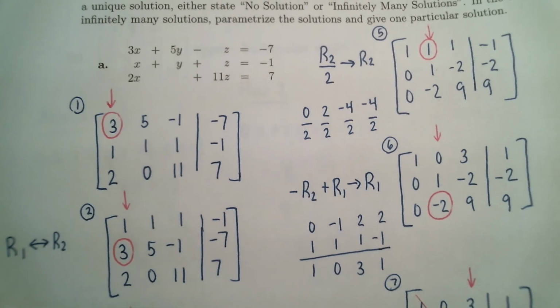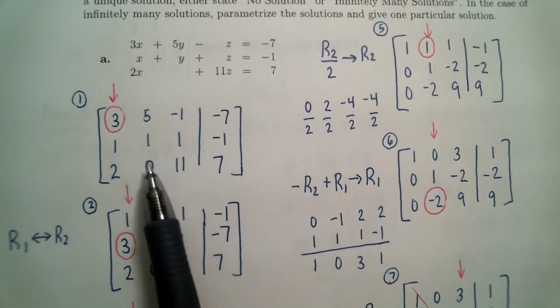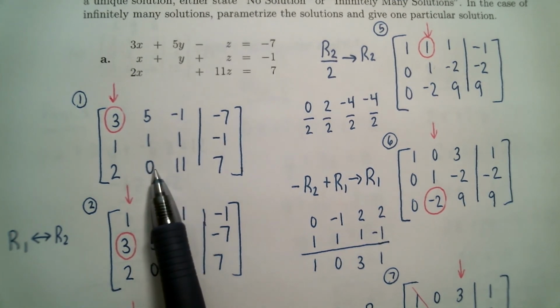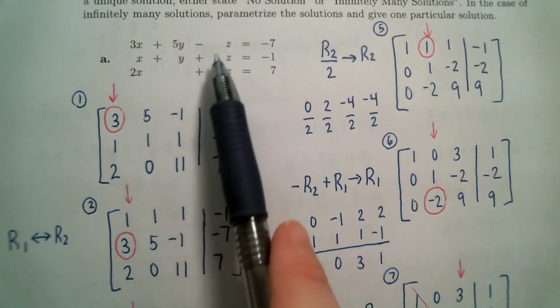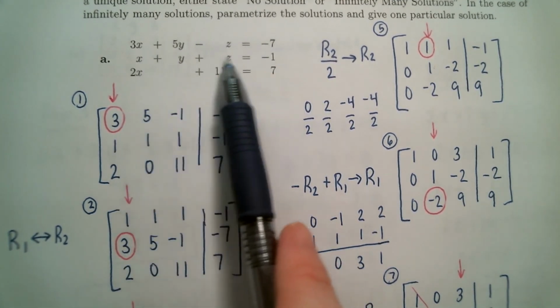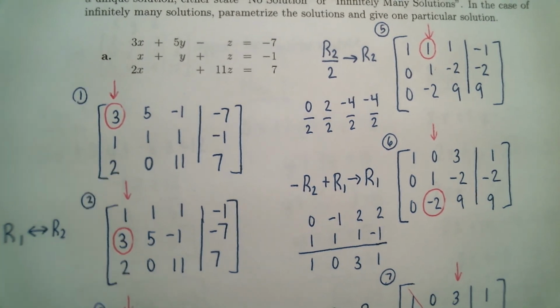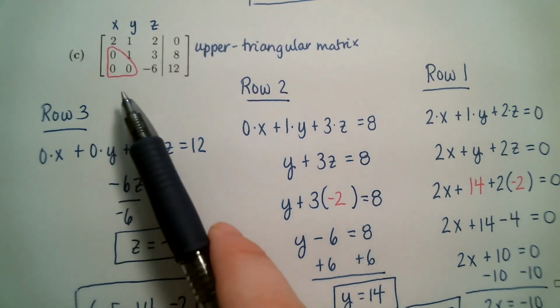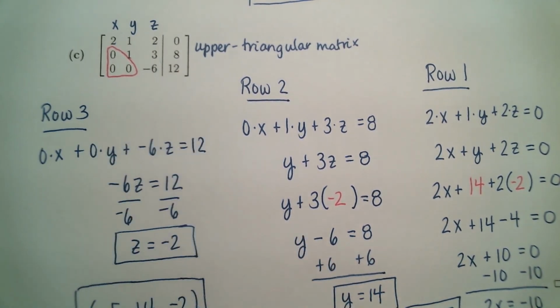This was example 4A. When we wrote down the first matrix, there weren't very many zeros. There was only 1 zero. This matrix came from these equations. The process we just did wouldn't work here. It only worked in this example because there were so many zeros in the right places in the matrix.